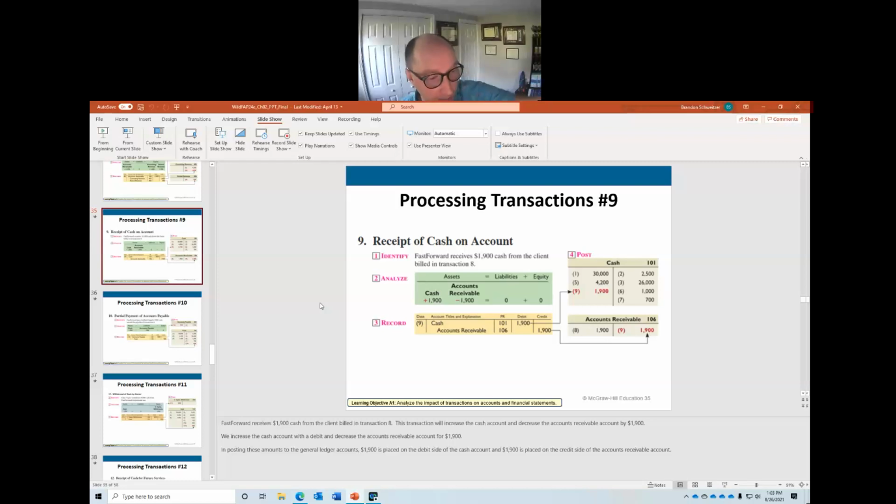So when we sell something, there's two transactions that happen. One is we would debit our, let me think here. Okay, I'm selling a product, right?